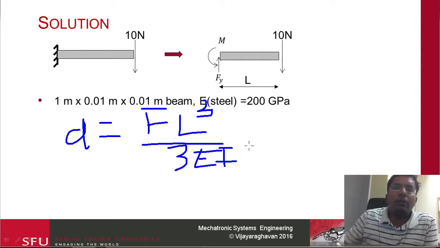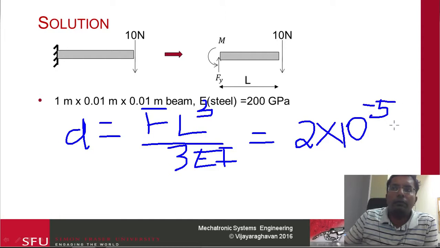As before, if we substitute all these values, this comes to about 2 times 10 to the minus 5 meters. So basically this beam starting like this would go here, and this is the deflection that we have calculated.